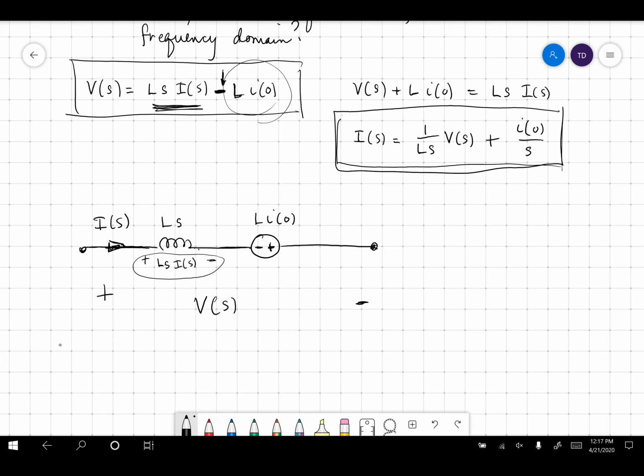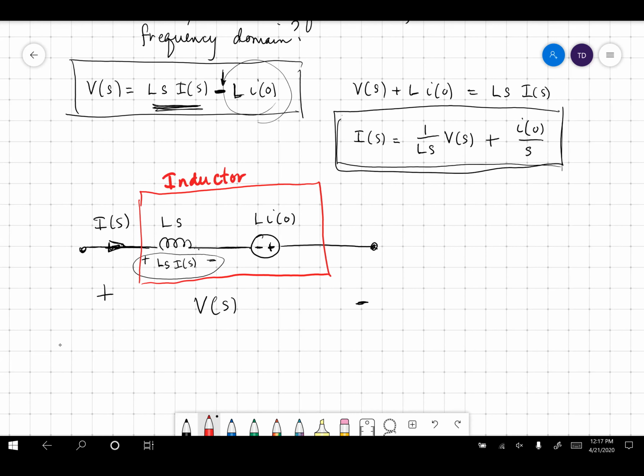So this is one circuit model that we use when we have an inductor and we Laplace transform it when there are initial conditions. I want to remind you, this is the inductor. All of it.